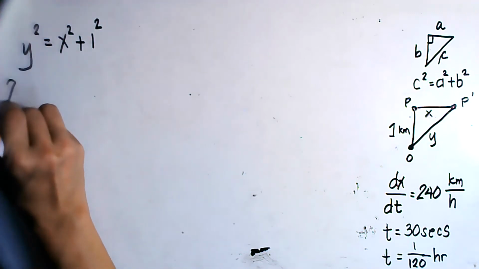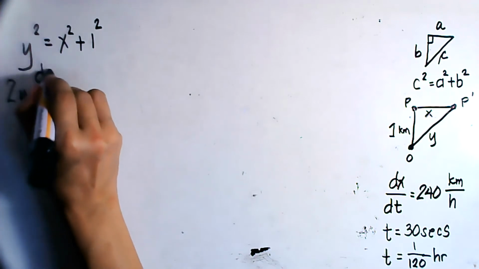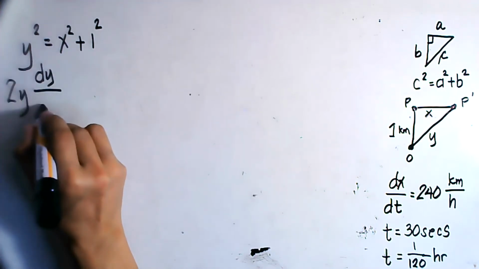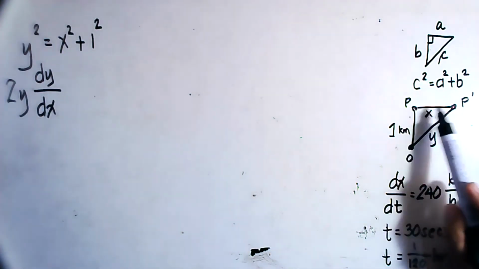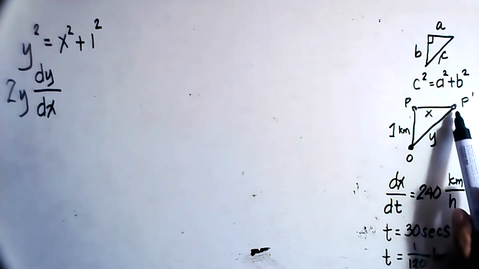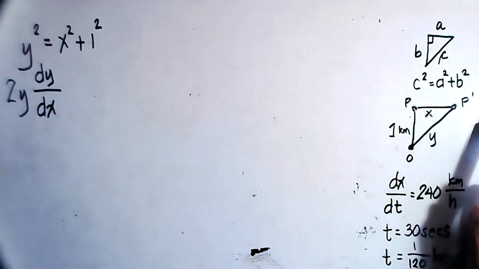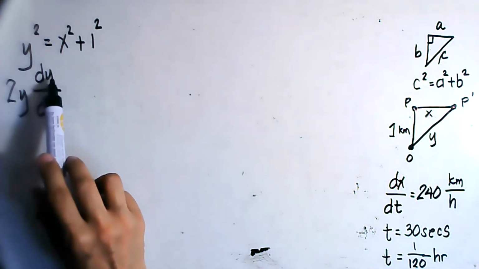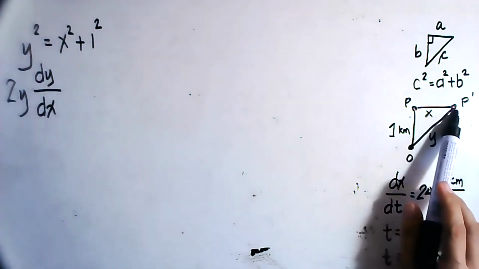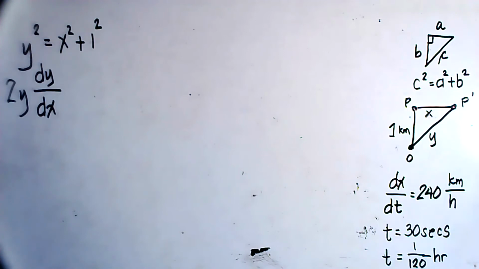So you have 2y, and the change in y is with respect to x. Remember that whenever x increases, the value of y also increases. So the change in the distance y is dependent on the change in x.